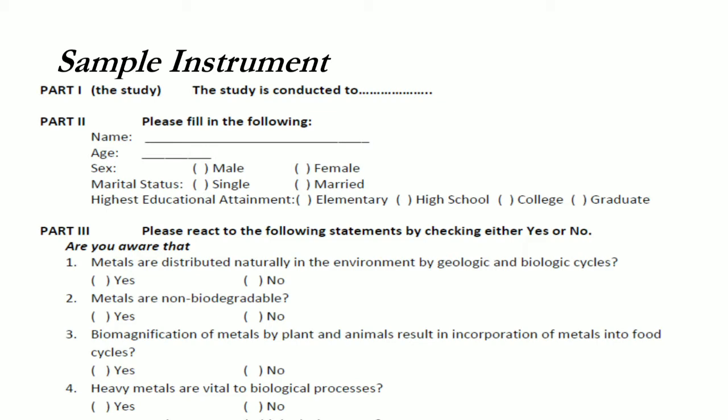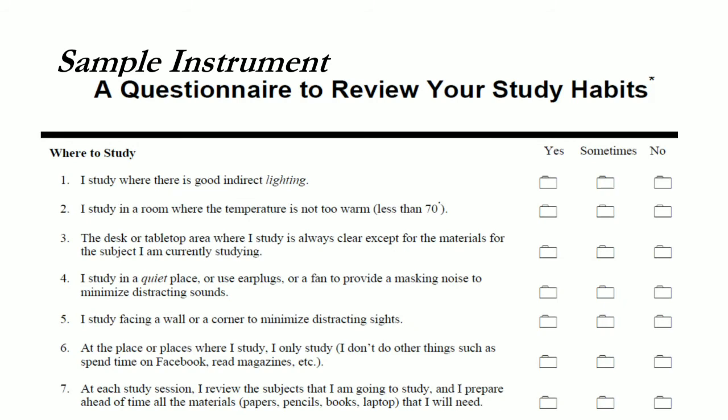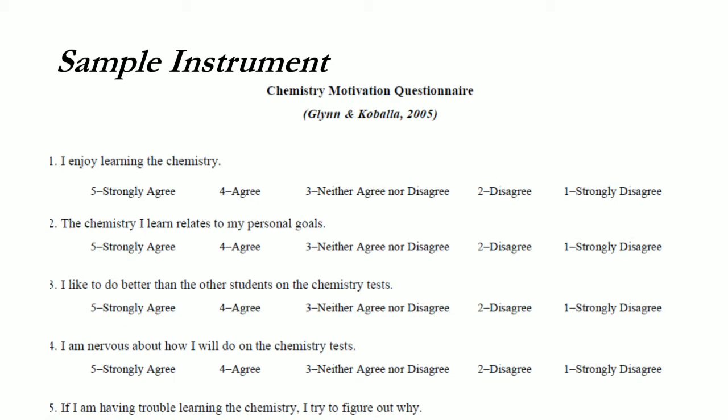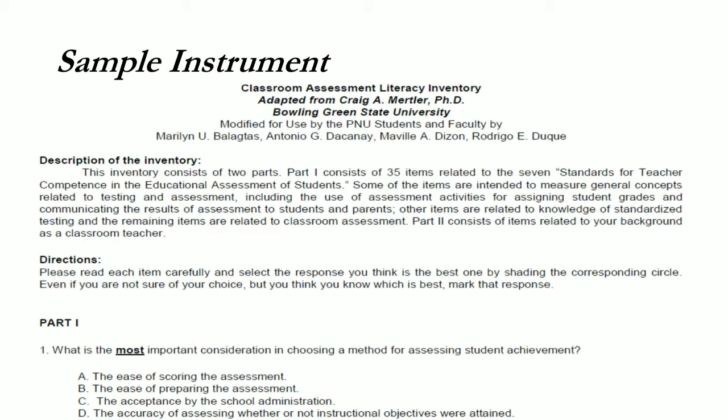generating dichotomous data. There are instruments where you will collect dichotomous data, where your respondents will just respond yes or no, or give their degree of agreement, or frequency, such as always, sometimes, or degree of agreement from strongly agree to strongly disagree.